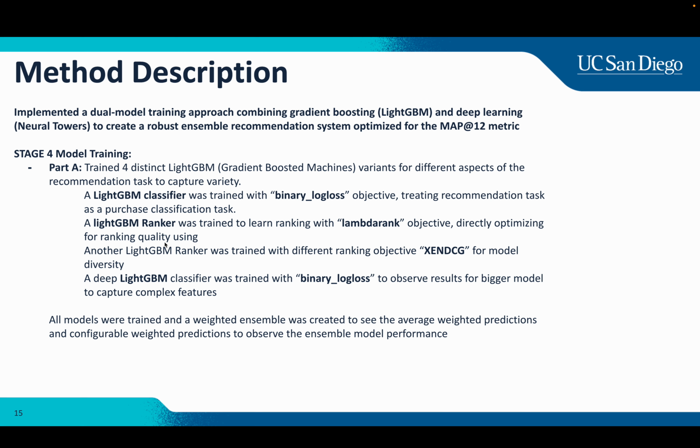Then another LightGBM classifier, but this time again trained with the binary log loss, but rather deeper or bigger than the previously trained LightGBM classifier. This is just to ensure that I'm able to capture more complex features by using a bigger model.